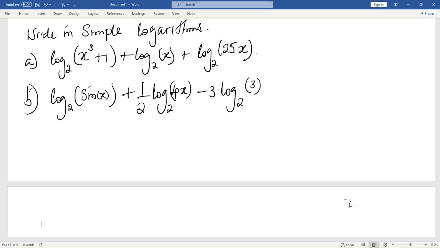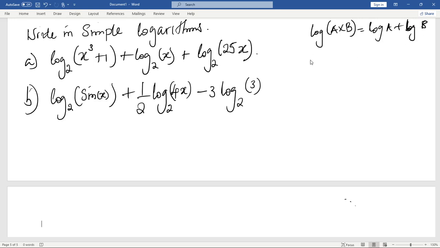So we have this question here that says, write in simple logarithms the following. What we're going to do is utilize the properties of logs. The first one is, if you have log of a times b, this is the same as log a plus log b.